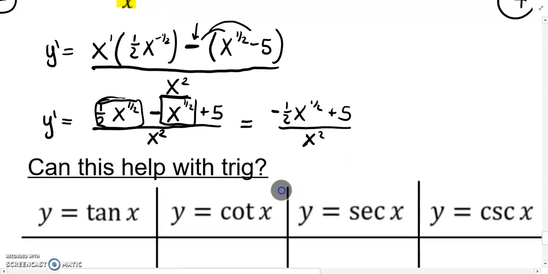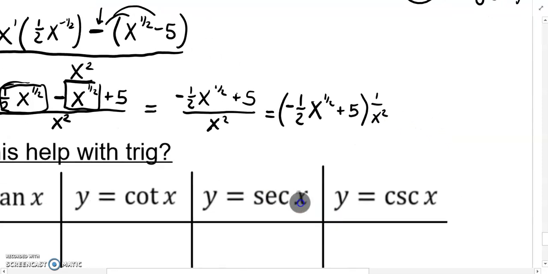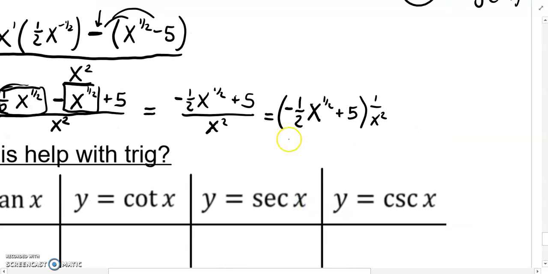Now in situations like this, remember I said no complex fractions, I think the best way to handle this would be take that denominator. Remember that dividing by a number is the same as multiplying by its reciprocal. So if we do that, we are now able to take this times 1 over x squared, and we can end up with our final answer here. So this is going to be x to the negative second, remember.